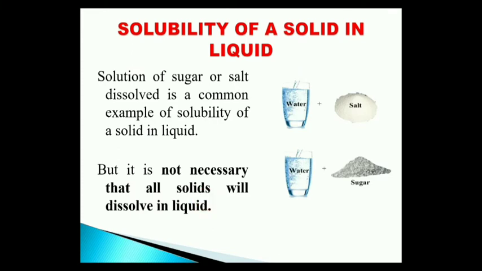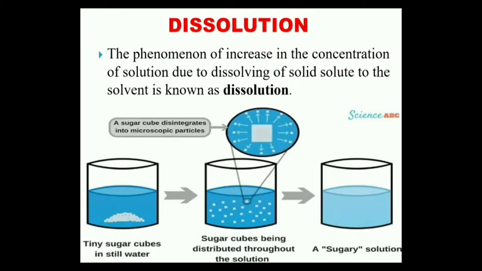In order to understand this concept, we will have to understand two other important concepts, that is dissolution and crystallization. So dissolution is the phenomenon where you are increasing the concentration of the solution by dissolving solid solute into the solvent. This process or method is known as dissolution.